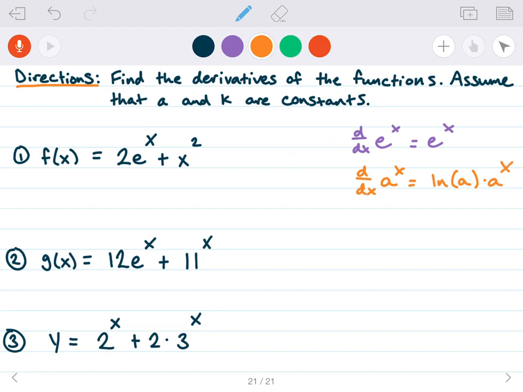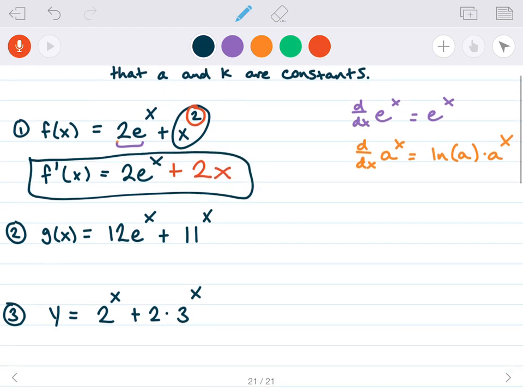So we have this guy using the e to the x fact. So f prime of x is just going to be equal to 2e to the x. Remember, the derivative is itself. And here we need to use the power rule because this guy is not an x, it's a 2. So this is just going to be plus 2x. That's our derivative.